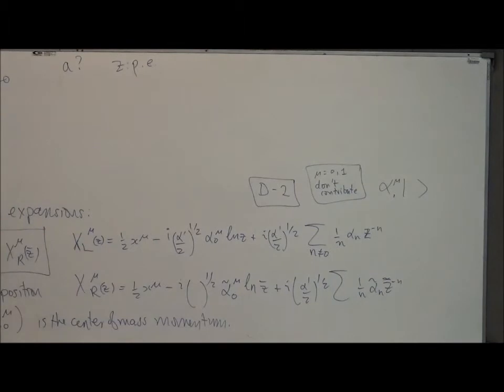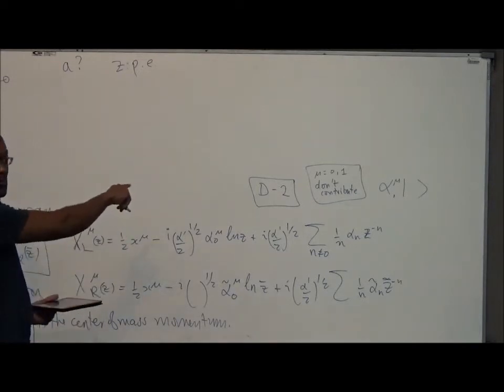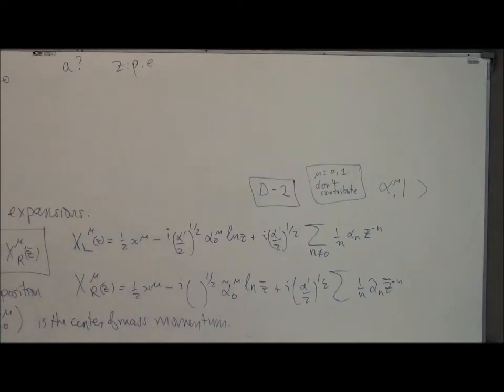bosonic sectors produces a contribution to the zero-point energy, which with the periodic boundary conditions on a boson is minus 1/24, and there are 8 of them. I needed to remind you of that so you remember where the 8 comes from, because D is 10.